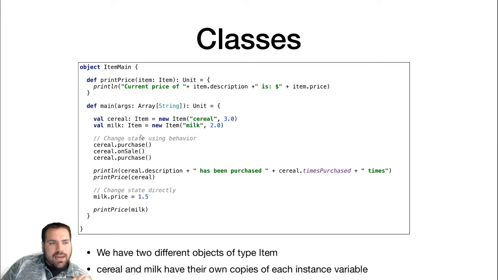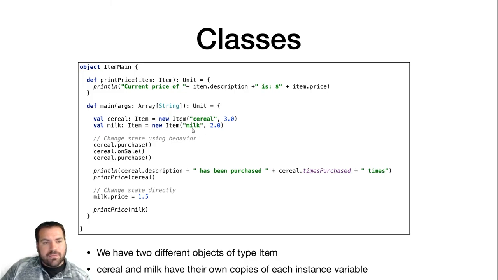So if I forgot that I created a new item for milk, and then created it again, it would not overwrite anything. If I said val milk2 of type item equals new item of milk 2.0, those are going to be two completely different objects. They'll have the same initial state.